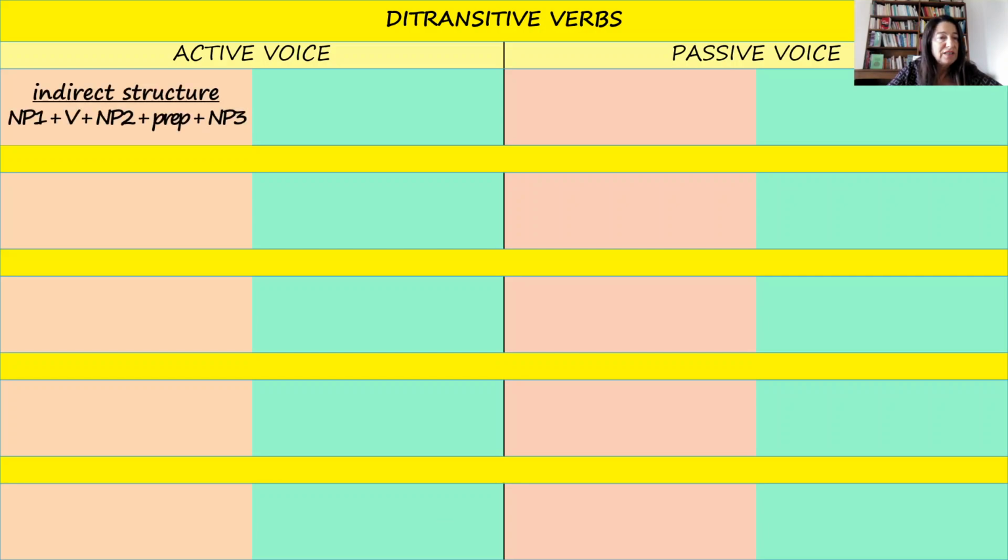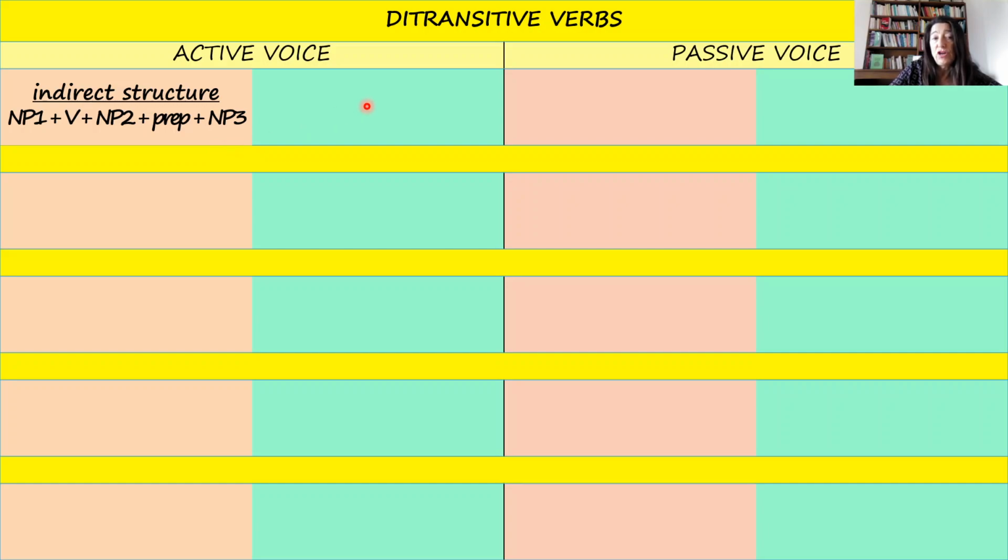The first type of verb is going to use an indirect structure: NP1 plus the verb plus NP2 plus the preposition, which is why it is indirect, and then a third noun phrase, un troisième groupe nominal.